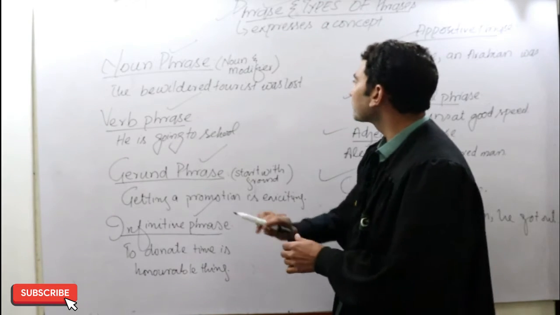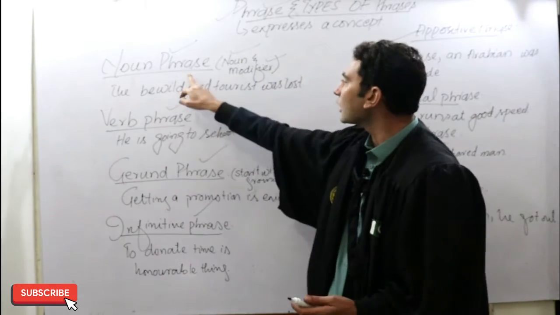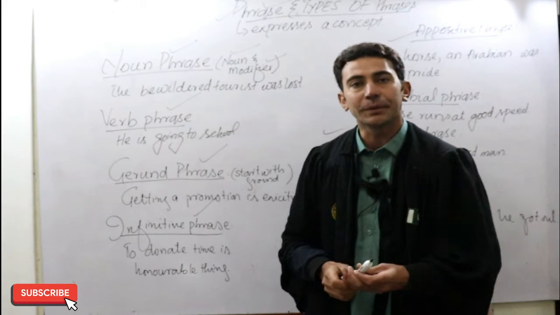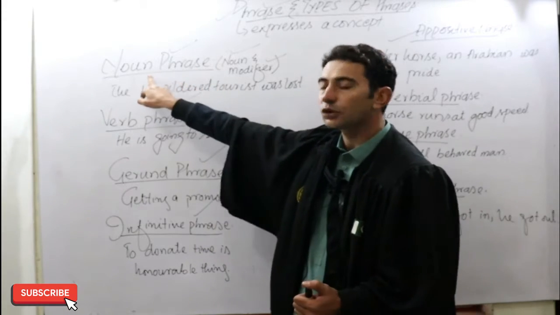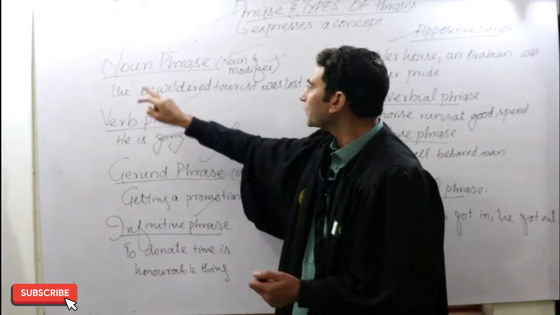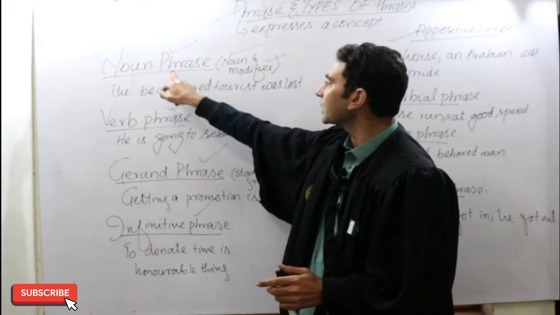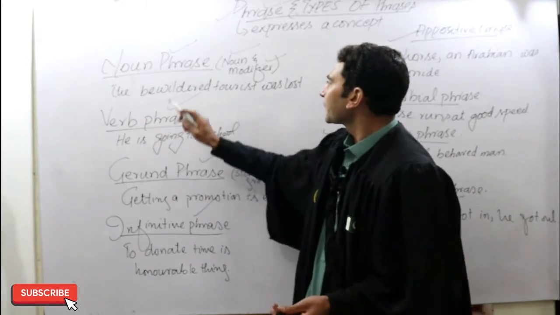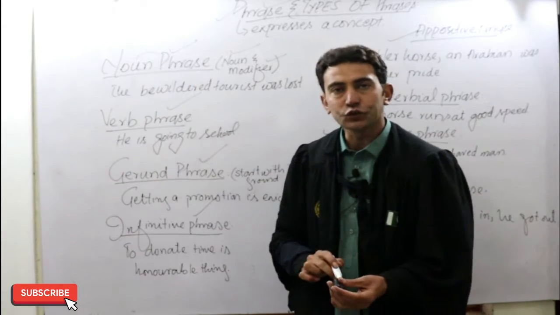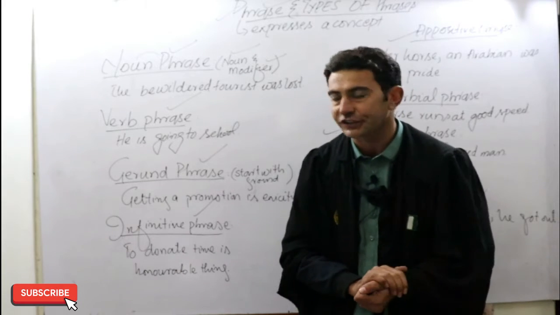A noun phrase is comprised of a noun and its modifiers. Remember, in a noun phrase we have a group of words, but the head word is the noun. The function of a noun phrase is similar to the function of a noun. Just like a noun, it is used as a subject, as an object, and as an object of a preposition.